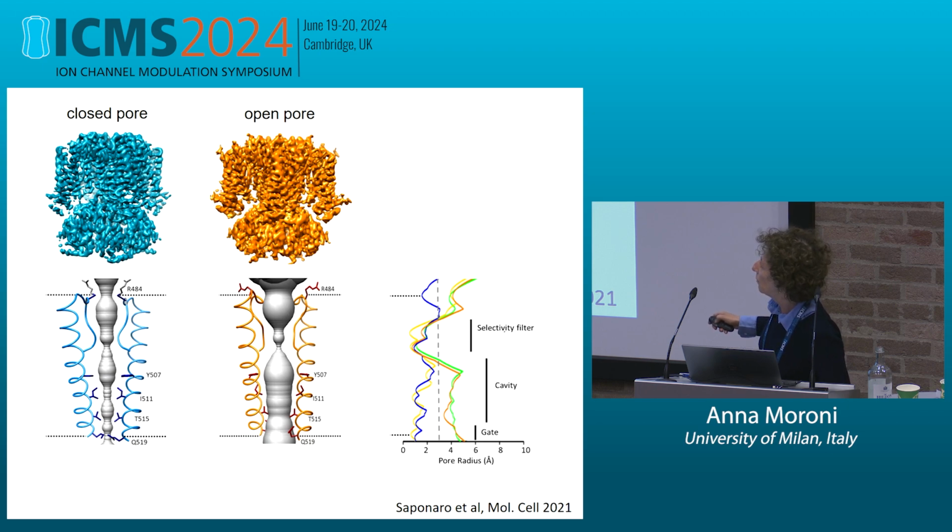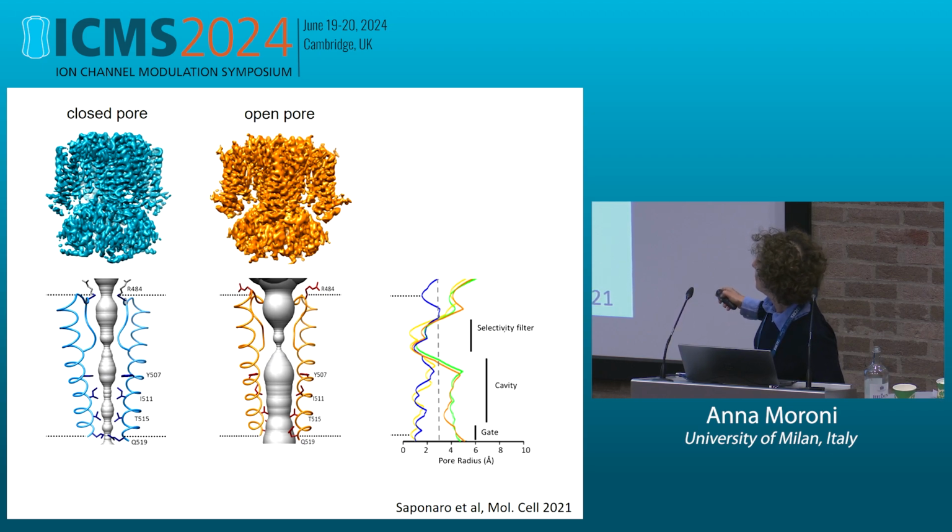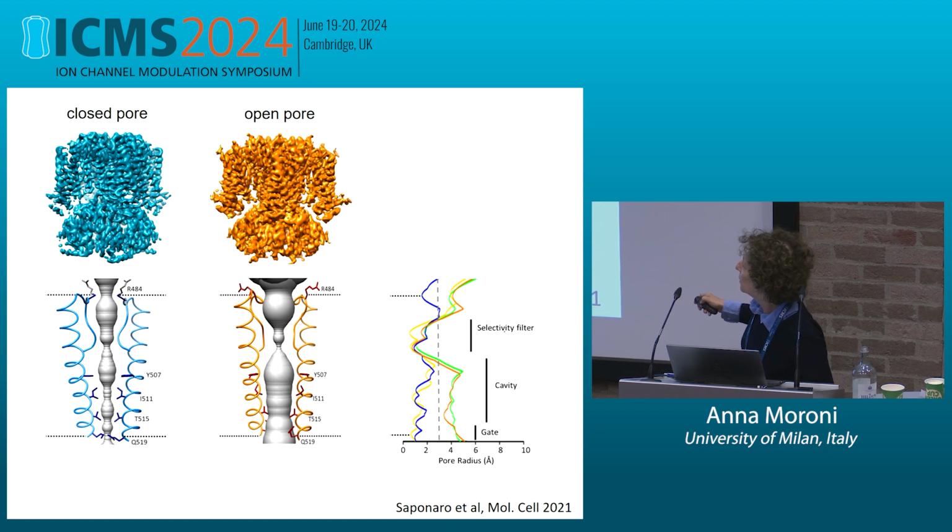But there are also differences between the two states at the extracellular side of the pore, which is shown here, above the selectivity filter. And these are also related to the position of this arginine.